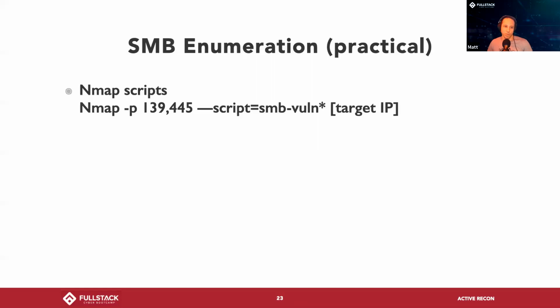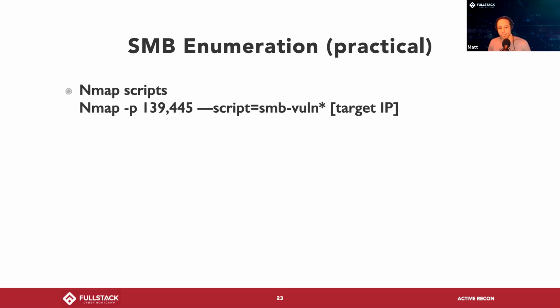Additionally, there are scripts for enumerating SMB. We have Nmap scripts. This is probably my favorite thing when I see SMB running. I usually run that second one right there. -p 139,445. You can notice I'm doing a comma there, so I'm picking those two specific ports. And here, I'm throwing in that --script.